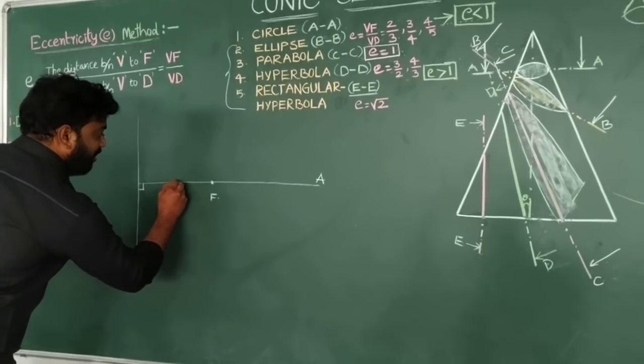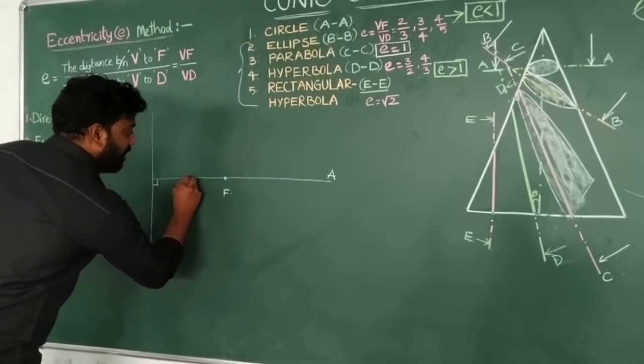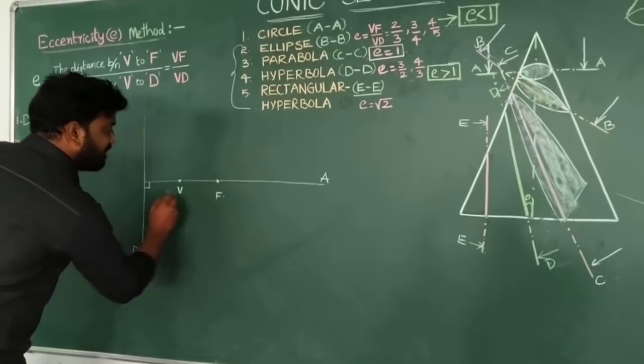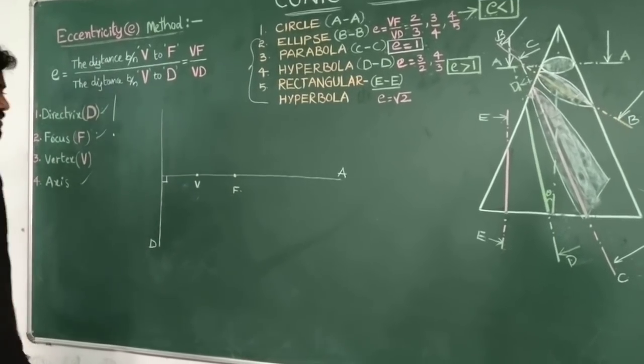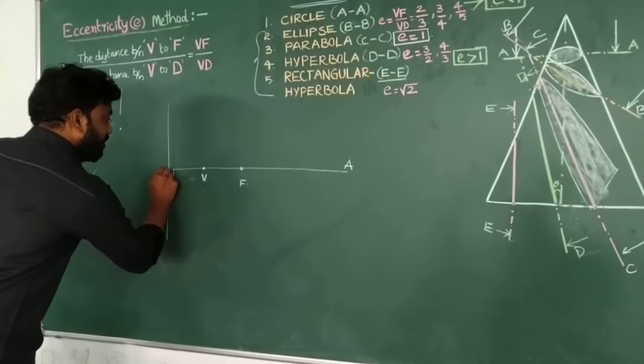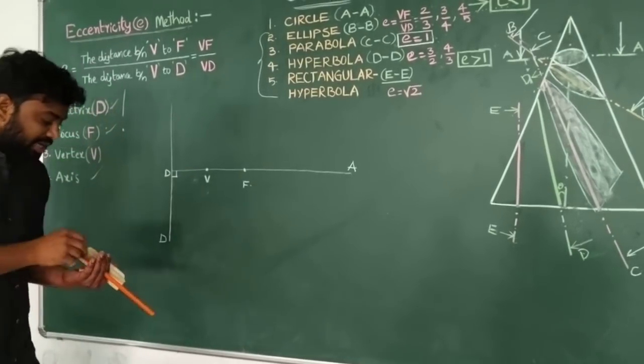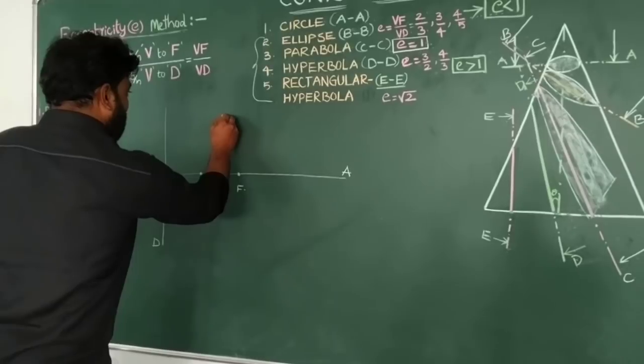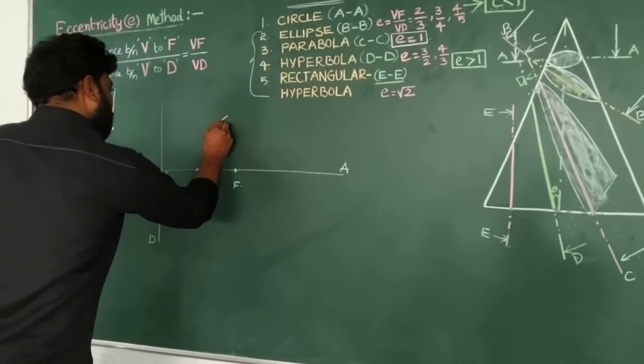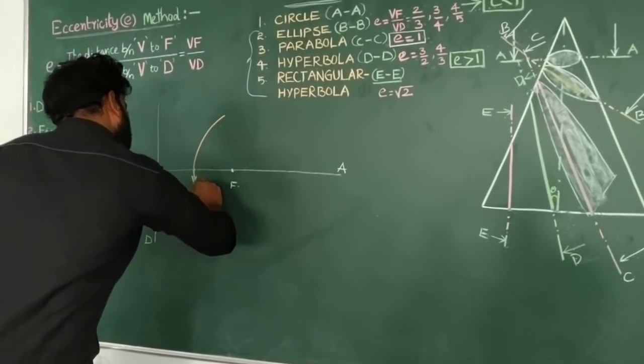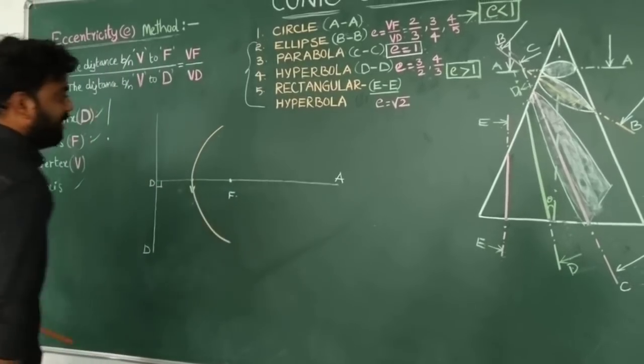Similarly, for the parabola, the vertex position must be located exactly at the center of DF. So here we will be getting the parabola in this way.